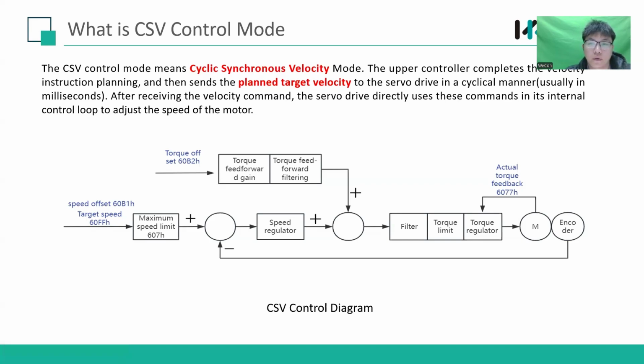The controller will send the target velocity to our driver, and the driver will control the motor to rotate to follow the target velocity. In every synchronous cycle, the target velocity is updated, so the speed of the motor will always be updated.